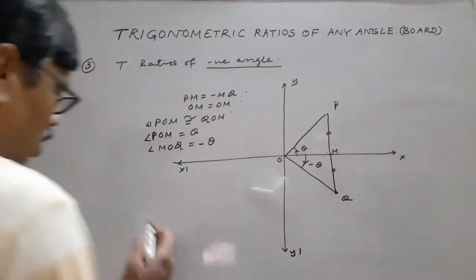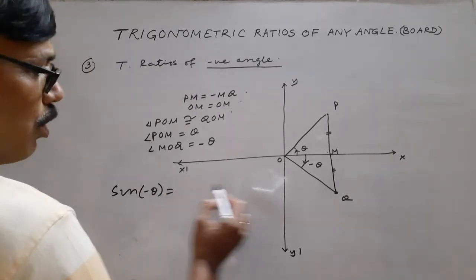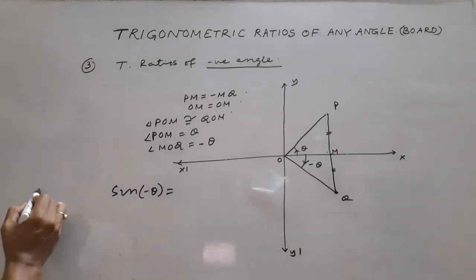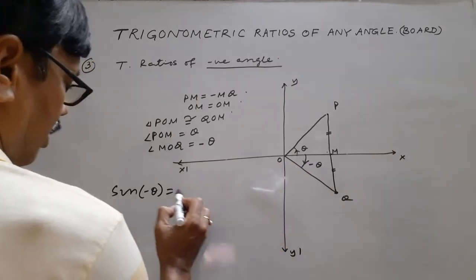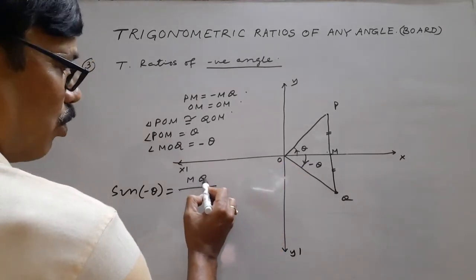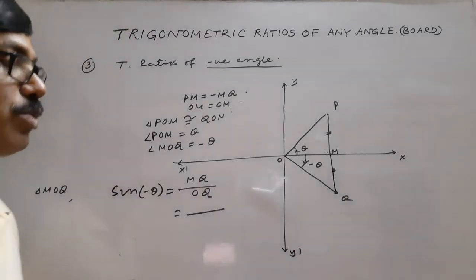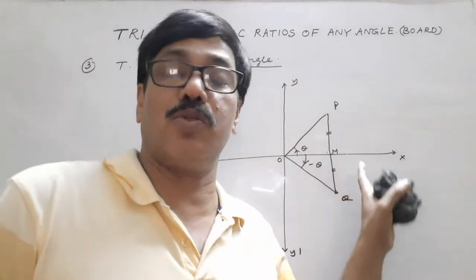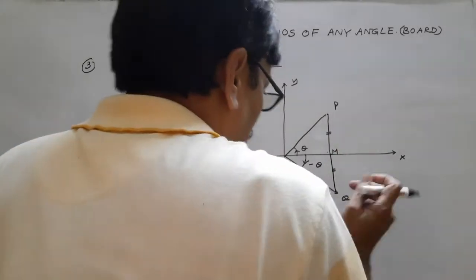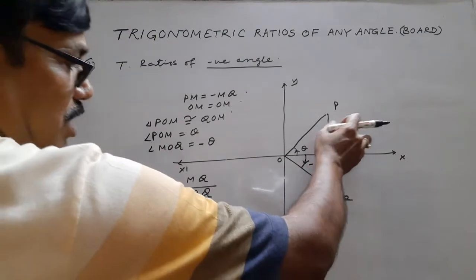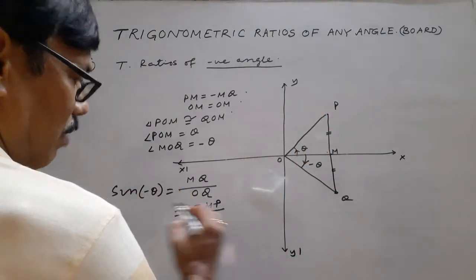Now, what is sine minus theta? If we consider this triangle MOQ, sine of minus theta is MQ by OQ. So what is MQ? You may say MQ equals MP. But look, this is in the fourth quadrant, so their magnitude is the same but the direction is opposite. So this is minus MP.